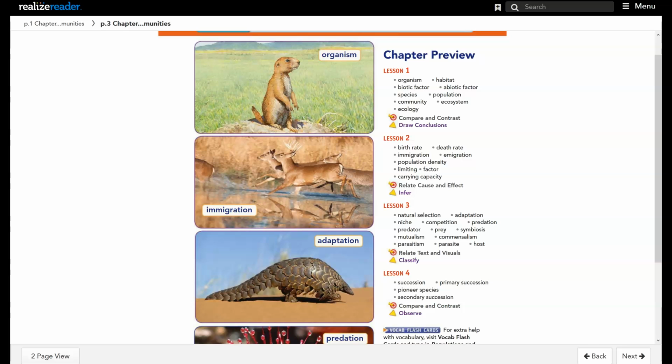Organism, habitat, biotic factor, abiotic factor, species, population, community, ecosystem, ecology, birth rate, death rate, immigration, emigration, population density, limiting factor, carrying capacity, natural selection, adaptation, niche, competition, predation, predator, prey, symbiosis, mutualism, commensalism, parasitism, parasite, host, succession, primary succession, pioneer species, and secondary succession. Make sure you have any of those words you do not know jotted down.